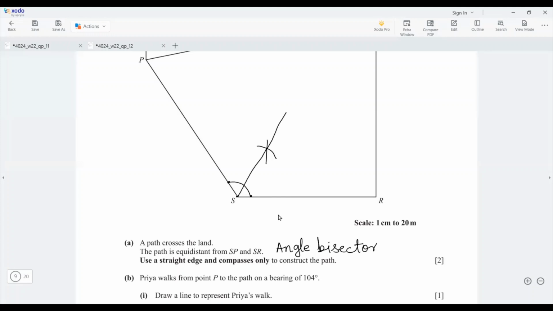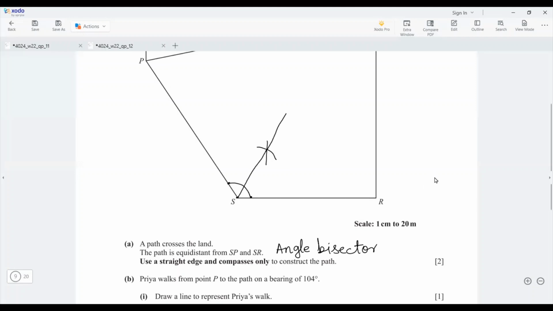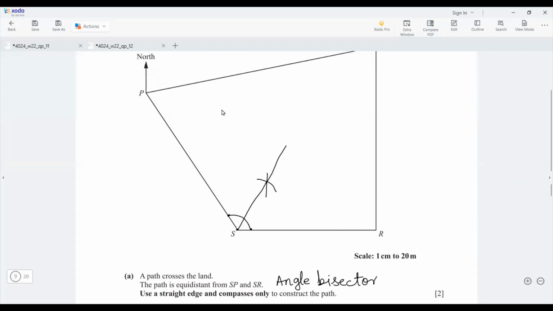What's being asked in the next question? If you have any queries, you can write them in the comment in the chat box. The next question is: Priya walks from point P to the path on a bearing of 104 degrees. This is a path and we need to draw a bearing of 104 degrees from point P, means north of P. Use a protractor for drawing the angle, putting it at this north and starting from this north and moving till 104 degrees.